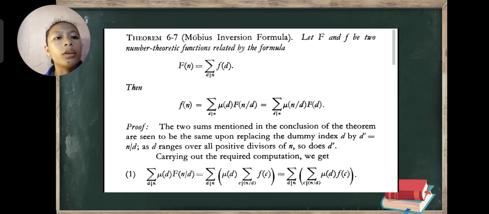Carrying out the required computation, we get, this is equation 1, the sum over d dividing n of mu of d times capital F of n divided by d is equal to the sum over d dividing n of mu of d times the sum over c dividing n over d of f of c, which is equal to the sum over d dividing n of the sum over c dividing n over d of mu of d times little f of c.